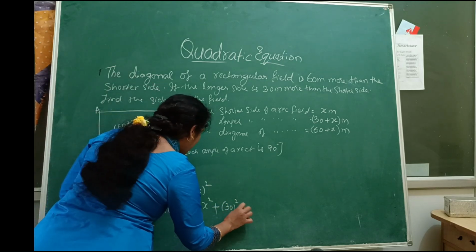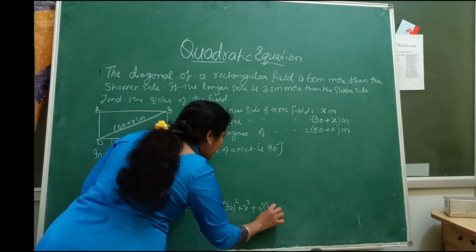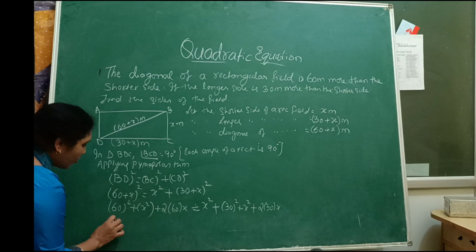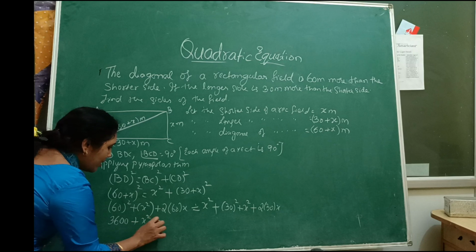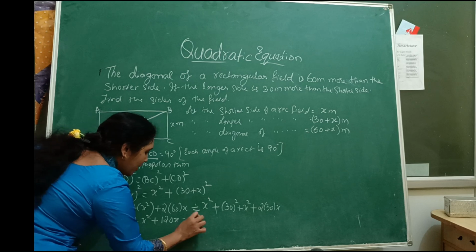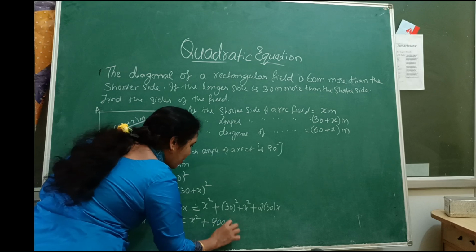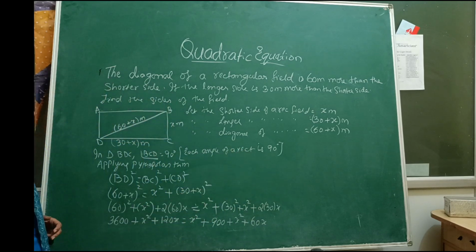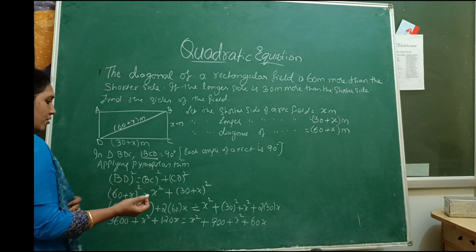So 30 square plus x square plus 2 into 30 into x. 60 square is 3600, plus x square plus 120x is equal to x square plus 900 plus x square plus 60x.